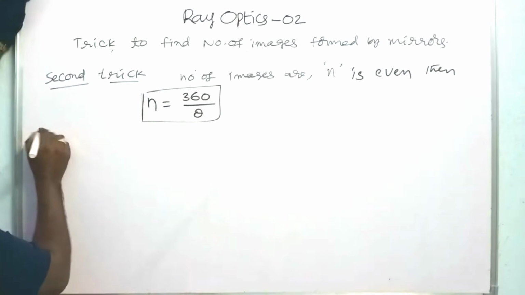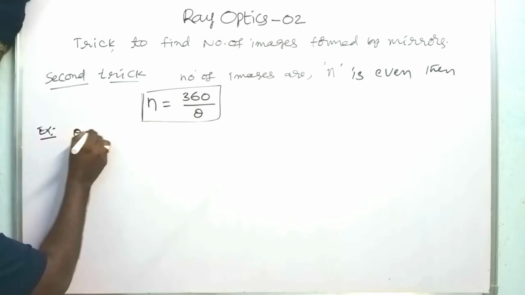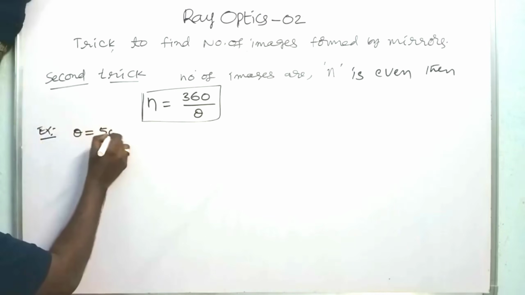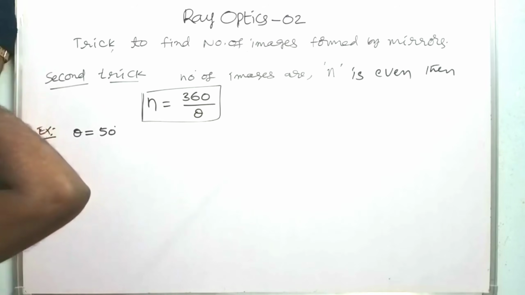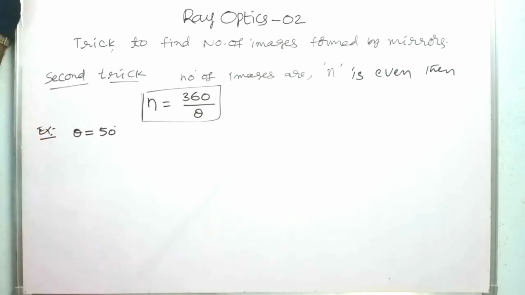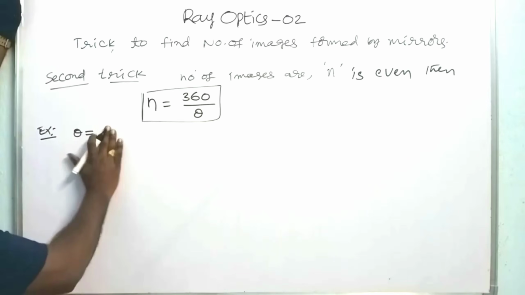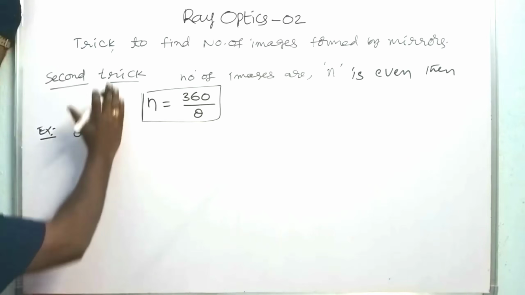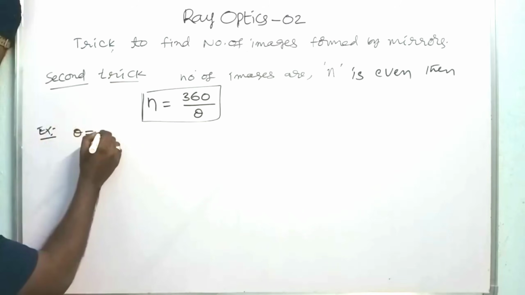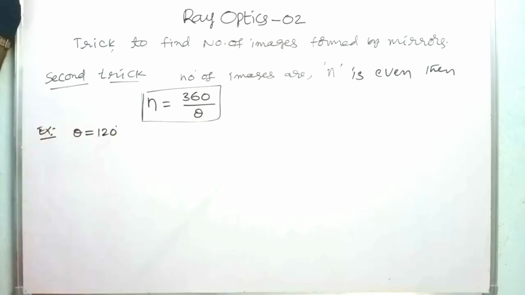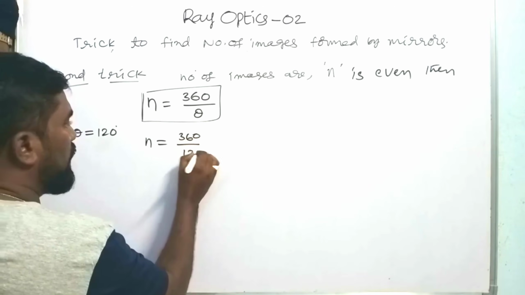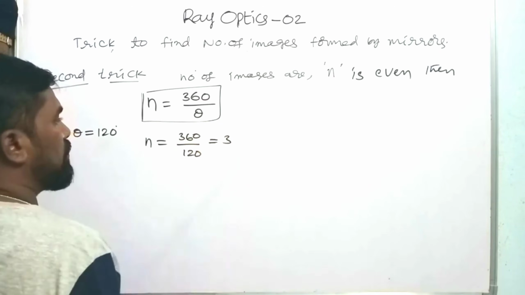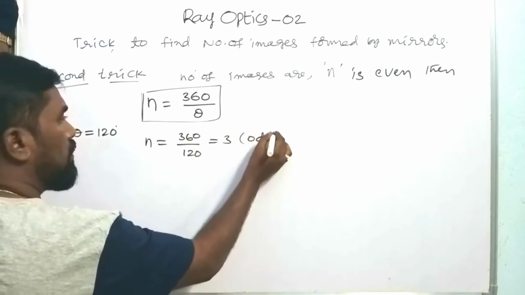So if theta is equal to 50 degrees, or what is that? We need to find an odd number, that is 120 degrees. Then n is equal to 360 by 120, which is equal to 3. 3 is an odd number.